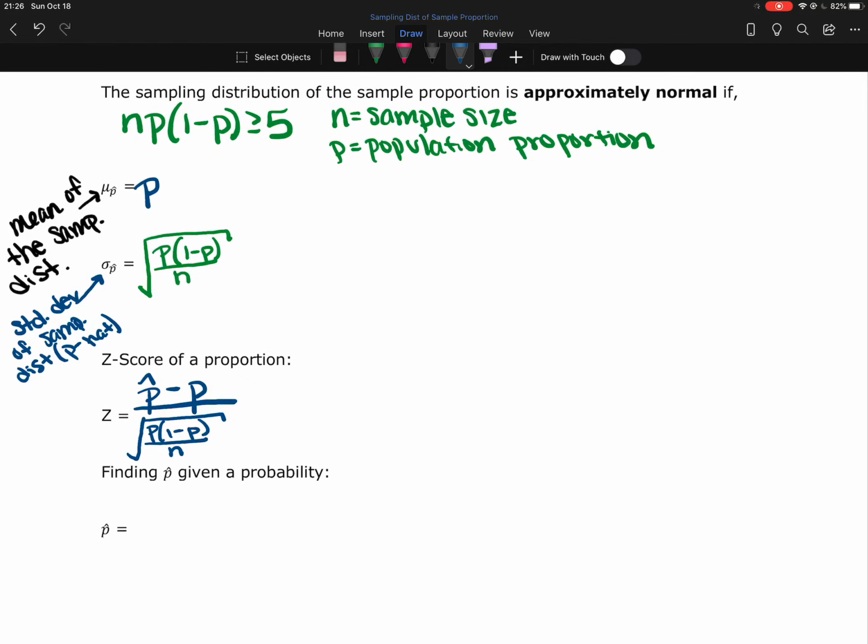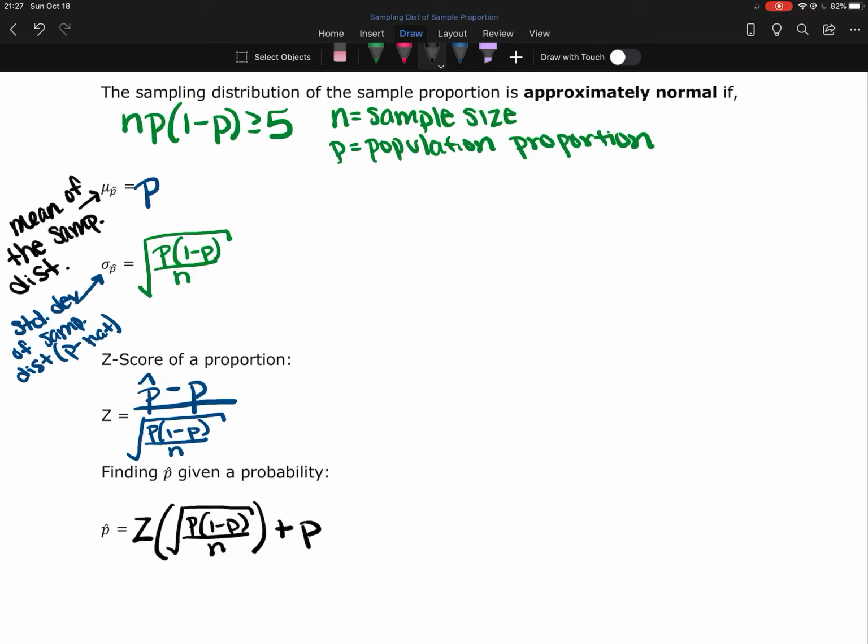And then if we're working backwards and we've been given a probability associated with a sampling distribution for a proportion, and we're being asked to find the p hat, or the sample proportion, that is associated with that probability, then we would take the z-score times the square root of p times 1 minus p divided by n, plus the population proportion p.